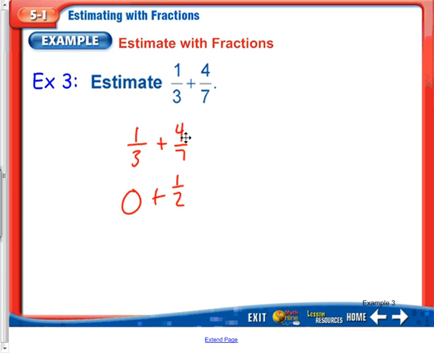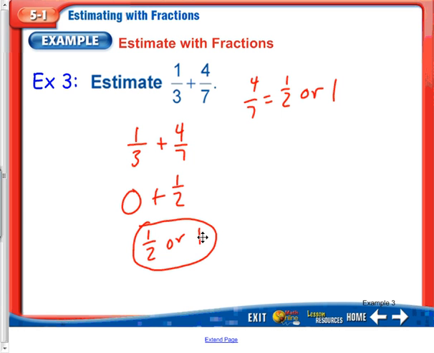And if you don't realize that, at least you should realize that 4/7 is more than a half, and so you could round it to 1/2 or just 1. So for our answer, you should get either 1/2 or 1, because 0 plus 1/2 is 1/2, and 0 plus 1 is 1. I would accept either of those answers. Maybe the 1 is actually a little bit closer, because 1/3 is obviously more than 0, so we round it down, and then you can round up to 1, and we're going to get pretty close.